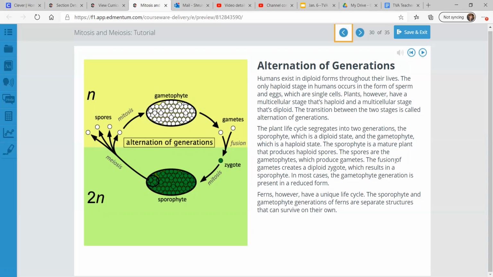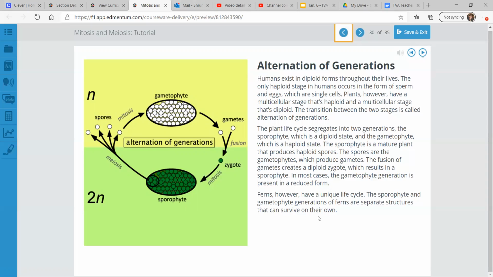And the fusion of gametes creates a diploid zygote, which results in a sporophyte. So you see this very cyclical nature. And in most cases, the gametophyte generation is present in a reduced form.